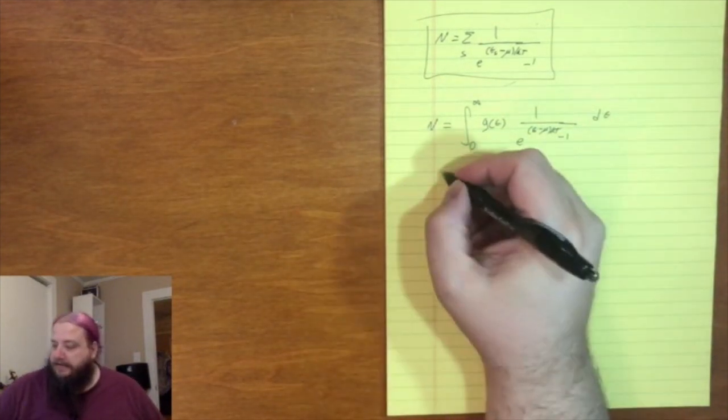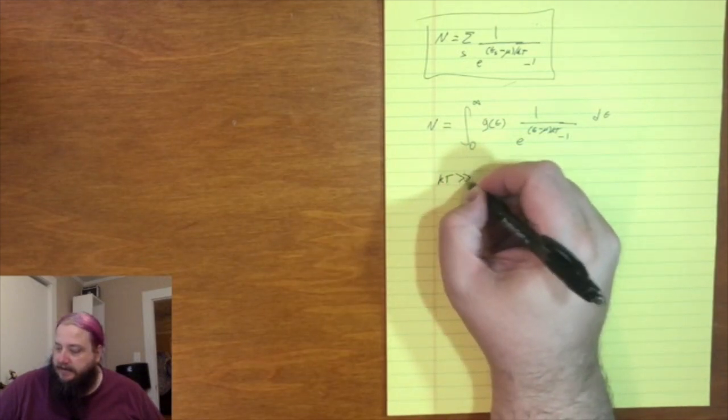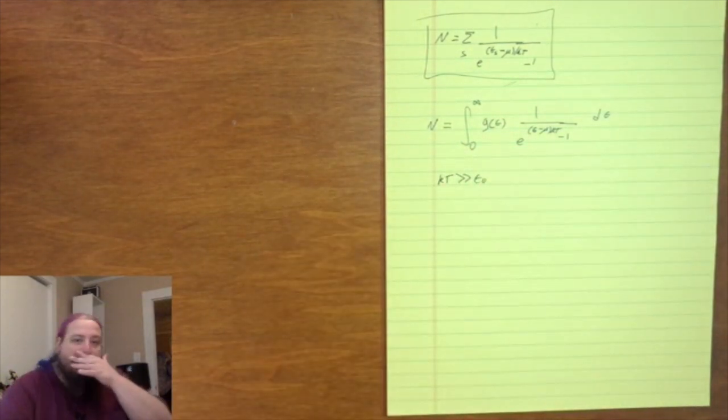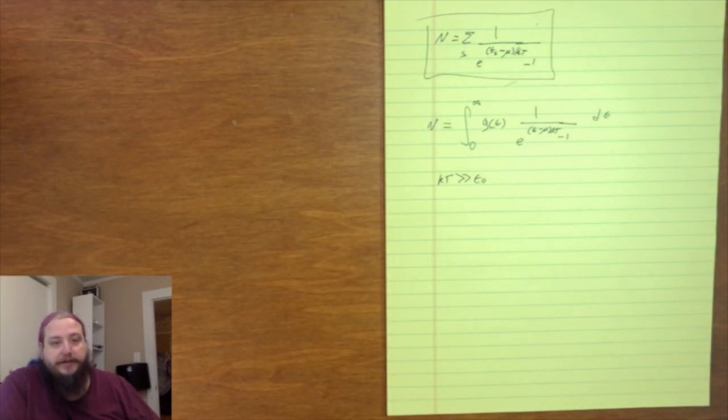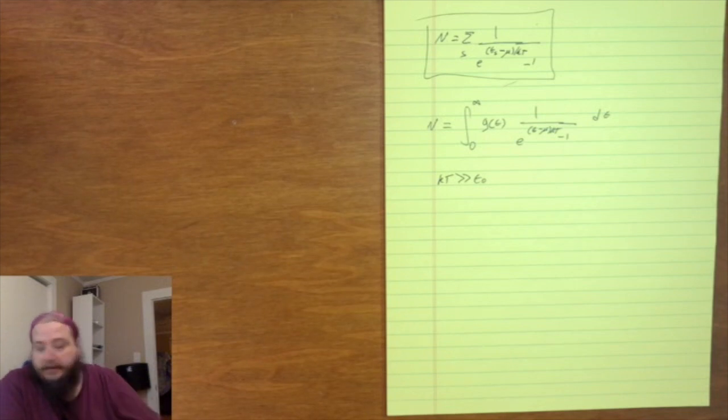As long as kT is much, much larger than the energy of the ground state. So in other words, as long as we have temperatures that are way above the ground state temperature, or the kT for the ground state, then the number of discrete terms in this is going to be relatively small, and so we might be reasonably able to do this approximation.